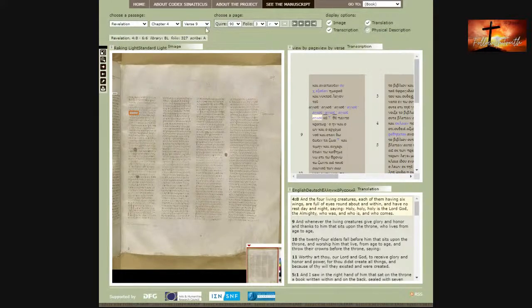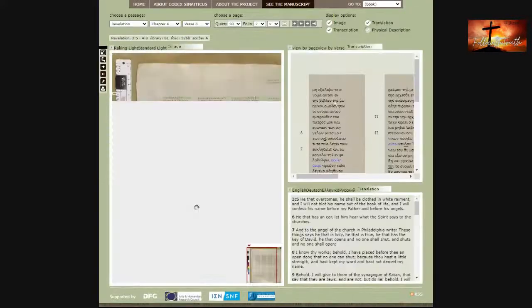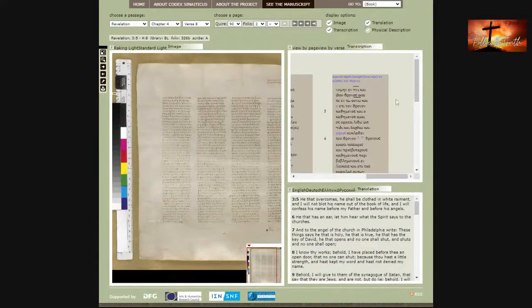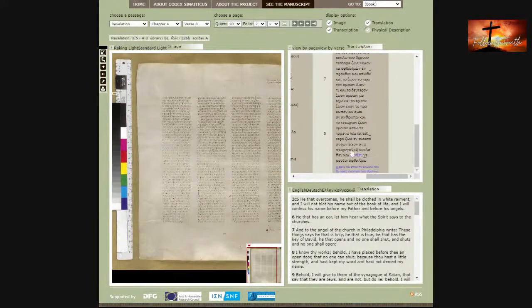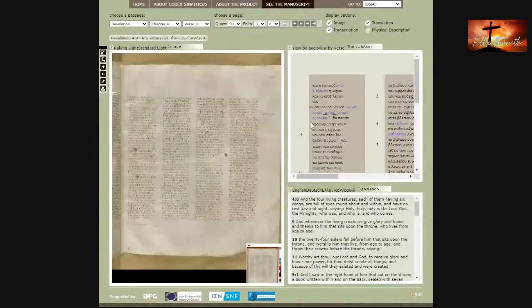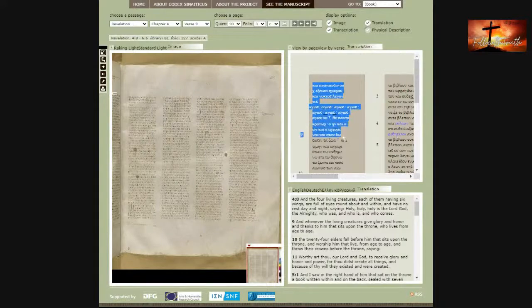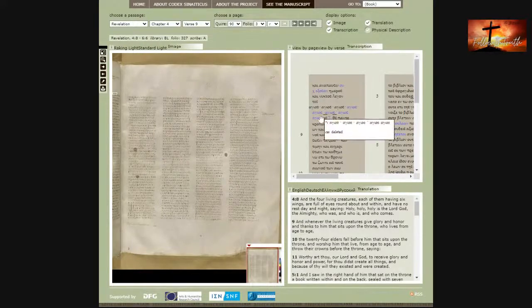I've got 9 because if you put in verse 8, it doesn't complete verse 8 down here, so you have to go to verse 9 because it's on the other page, but then the rest of verse 8 is contained on there. So verse 9 starts there, and then you have this 8-fold repetition that can be found there.